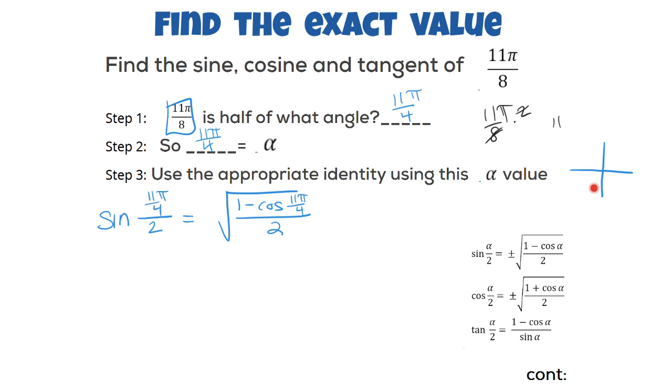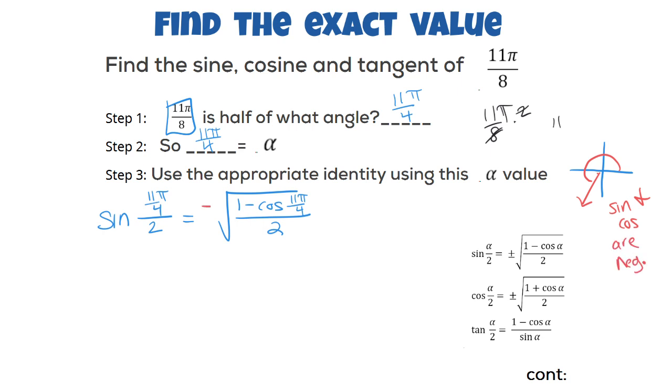So you're going to end up right here, somewhere in the third quadrant. If I'm in the third quadrant, sine's going to be negative, and so is cosine. So maybe you sketch for the sake of your notes that this is your 11 pi over 8 down here, and so sine and cosine are negative.